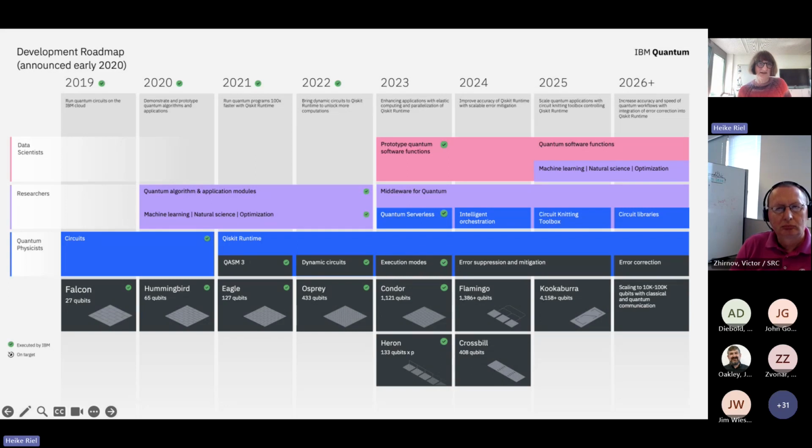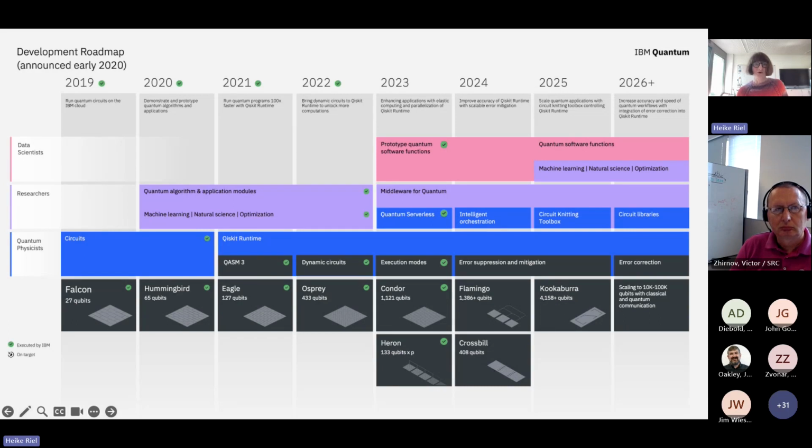You see the different years, and you also see the green check marks to demonstrate that we have delivered what we have promised. This year will be another exciting year, because now we want to connect quantum processors with quantum buses.